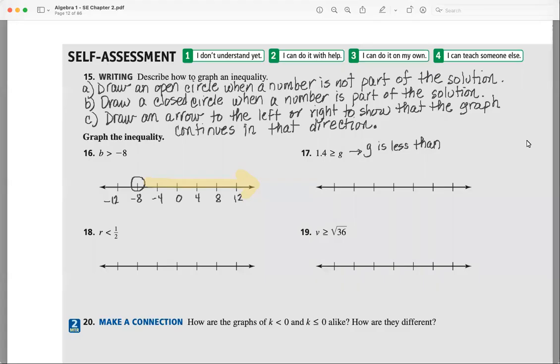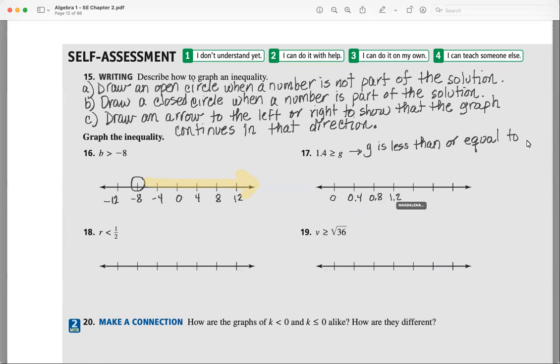Because the number was going to be less than or equal to 1.4, I started my tick marks here, and then 0.4, 0.8, 1.2.